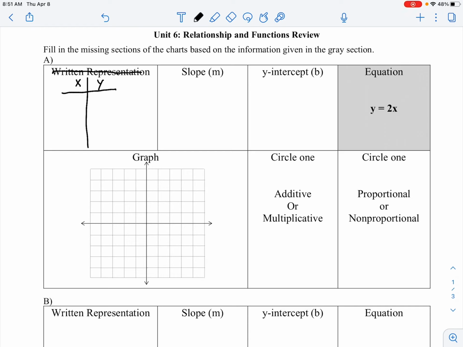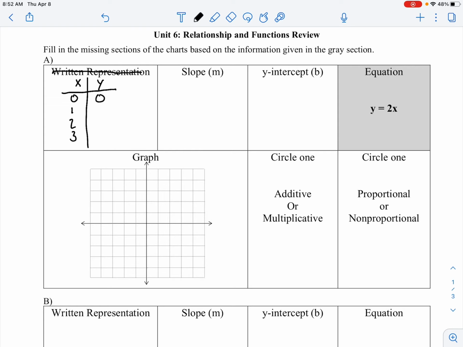So 0, 1, 2, 3, some pretty easy numbers to test. We're going to plug these x's into our equation and see what we get for y. When I plug in 0 into this equation, we get 2 times 0. So y then will equal 0. 0 times 2 is 0.